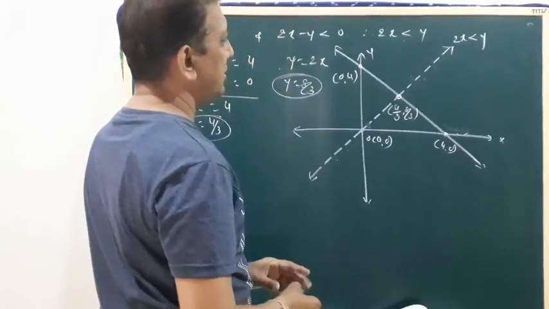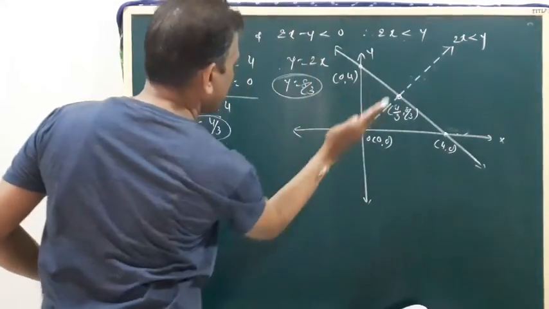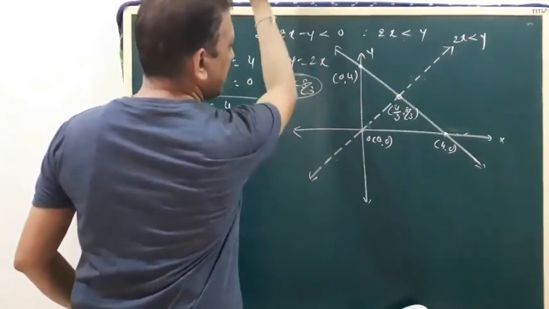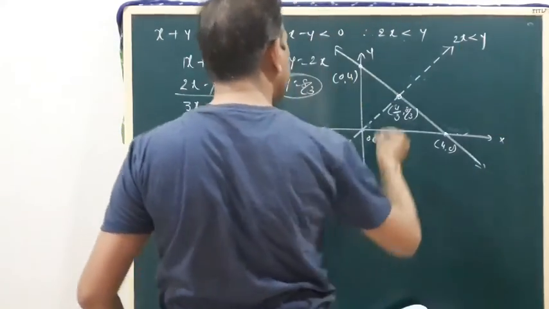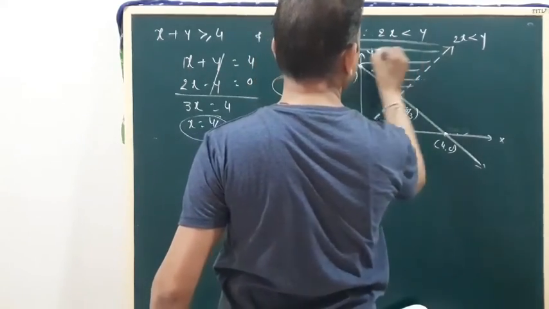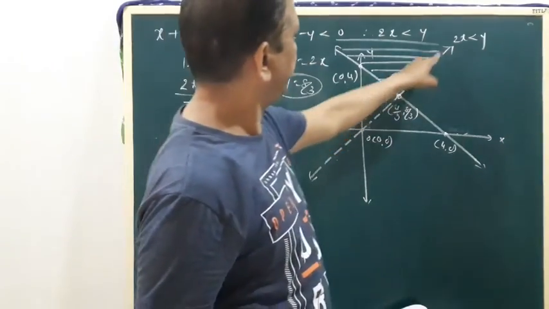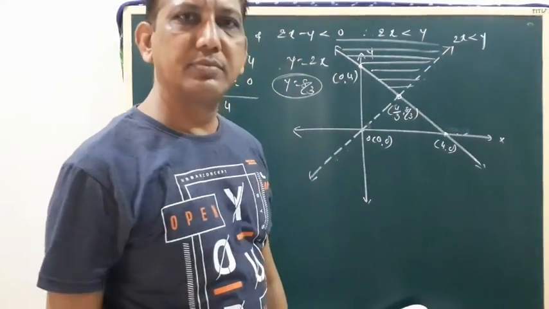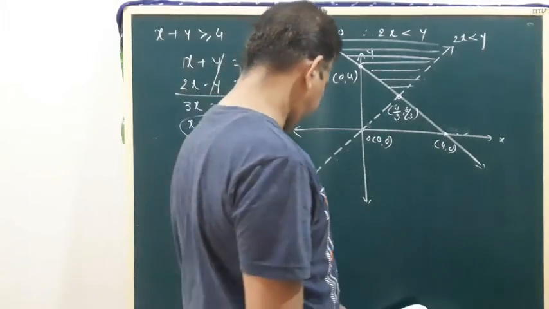Right. Now this line's equation is the left side portion, and the first line graph is this one. So the common one is the V shape, this one. Common portion, V shape. Clear? Is it? Okay.